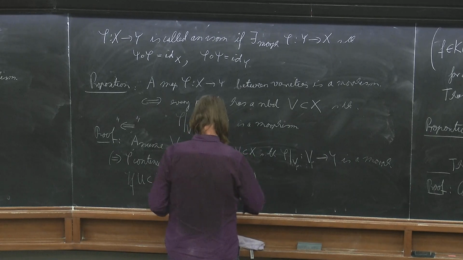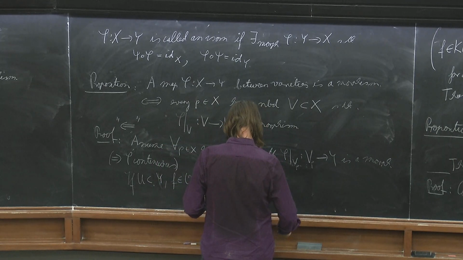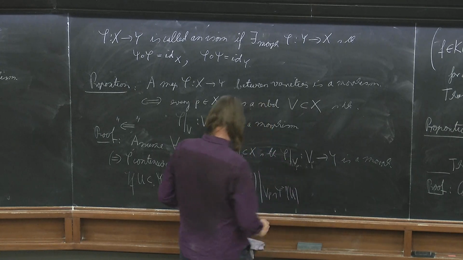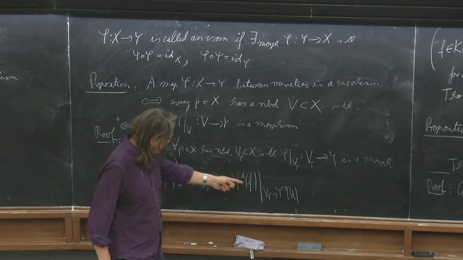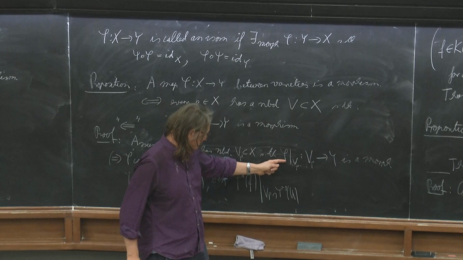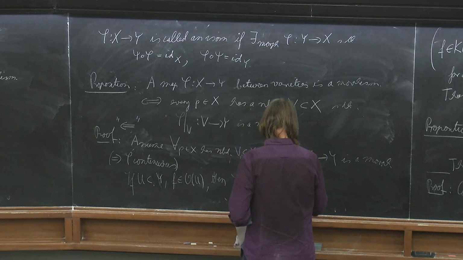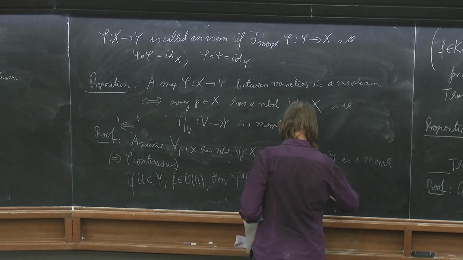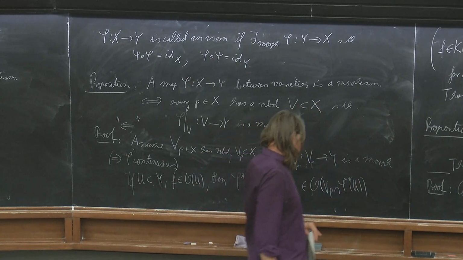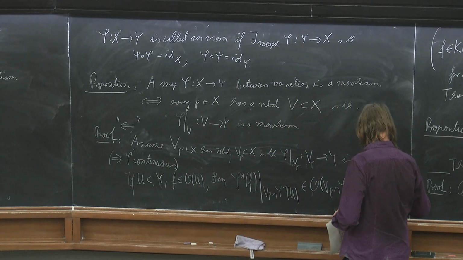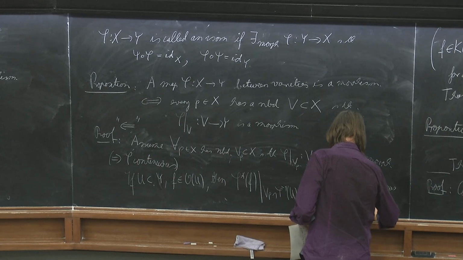If I take the pullback of F and I restrict it to Vp intersected with phi to the minus 1 of U, this is the same as the pullback of F via phi restricted to Vp to Y. This is regular on this open subset, because phi restricted to Vp is a morphism.